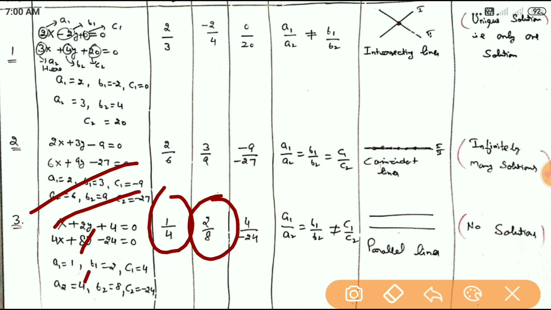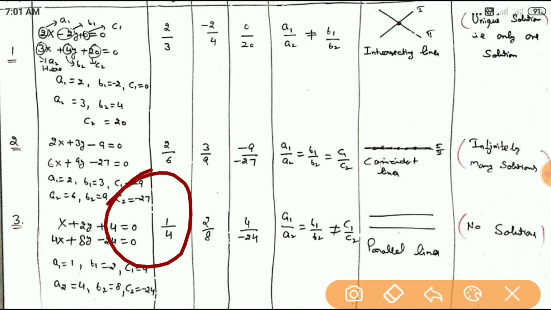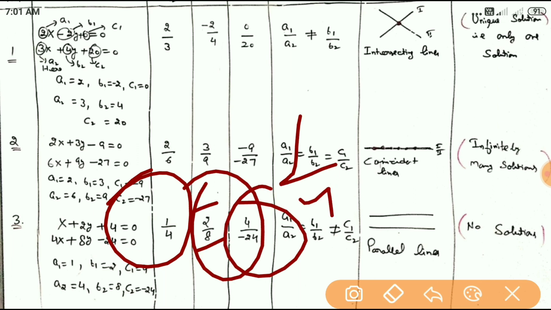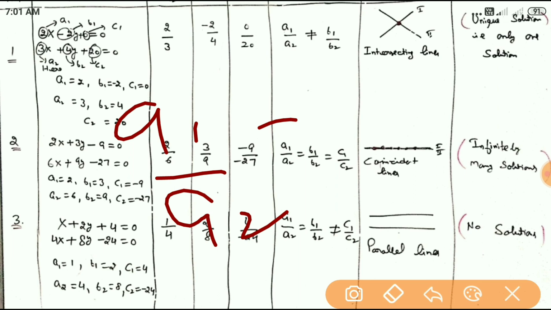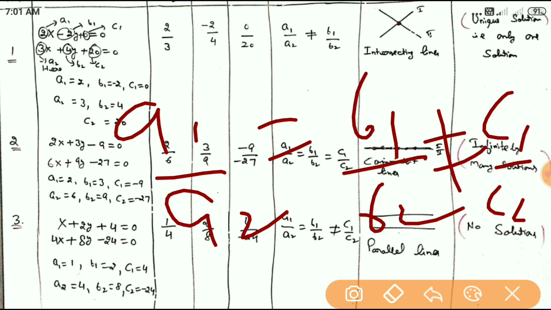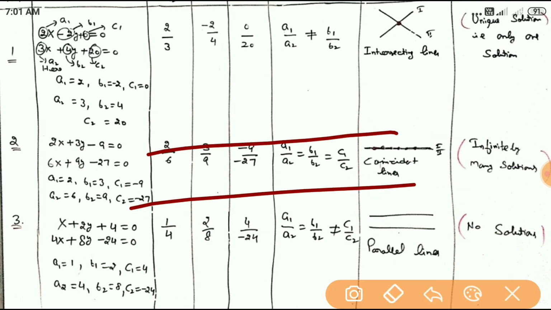B1 by B2 is 2 by 8, and C1 by C2 is 4 over minus 24. If we closely watch, the first is 1 by 4, and the second after cutting is also 1 by 4, but the third is not 1 by 4. It means the first two are equal, that is A1 by A2 equal to B1 by B2, but not equal to C1 by C2. Then in that case these two lines are parallel.